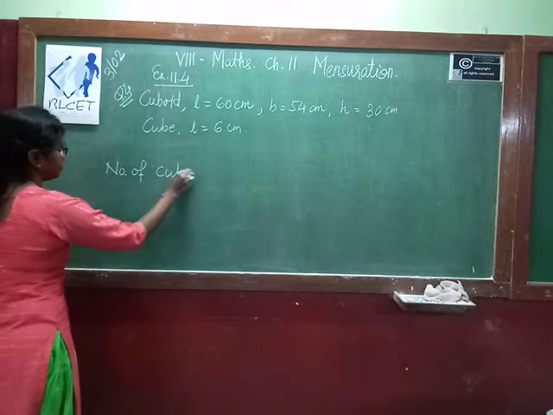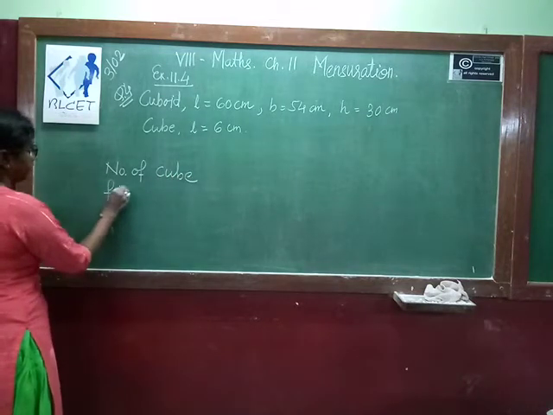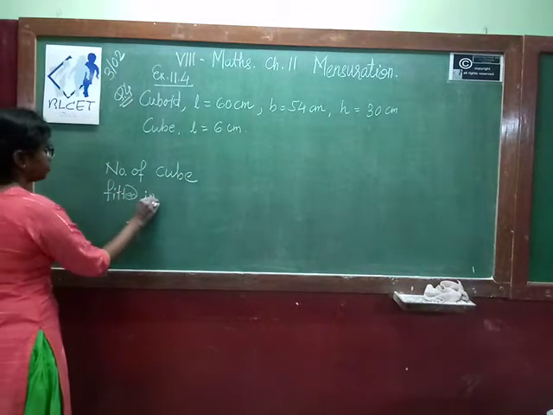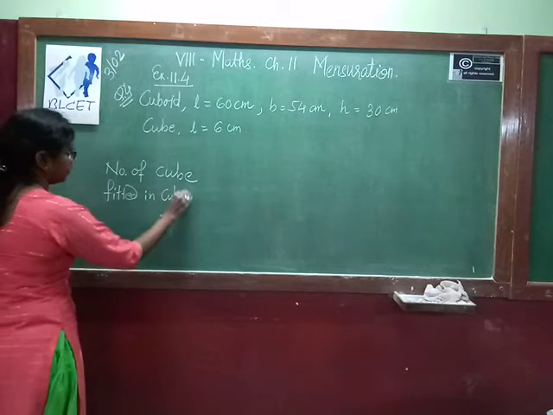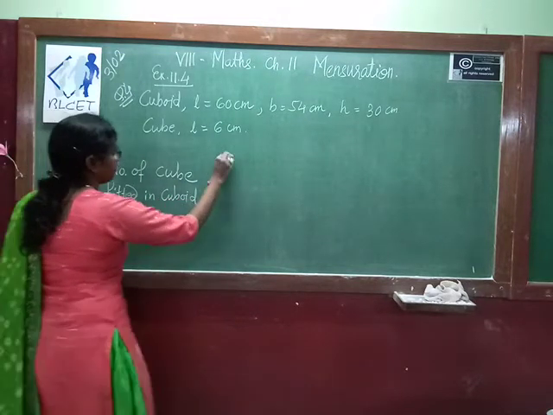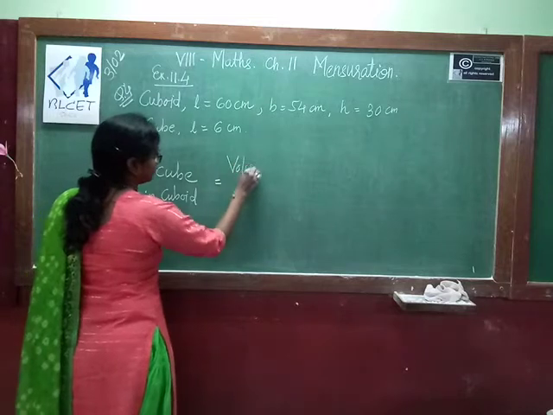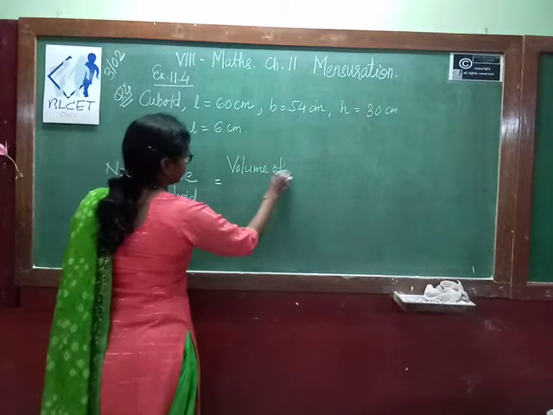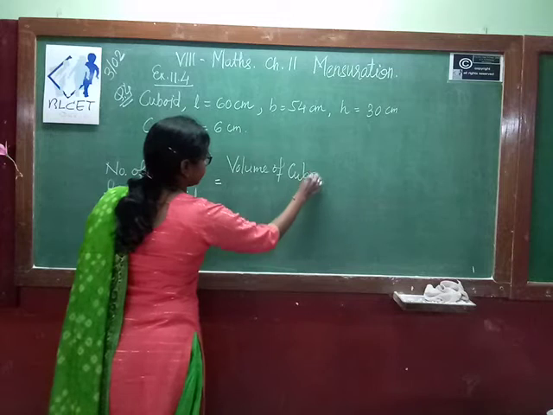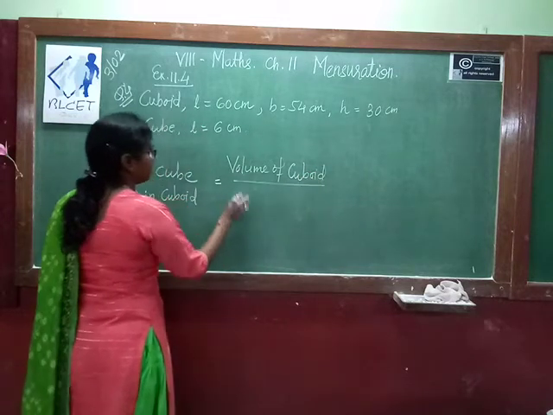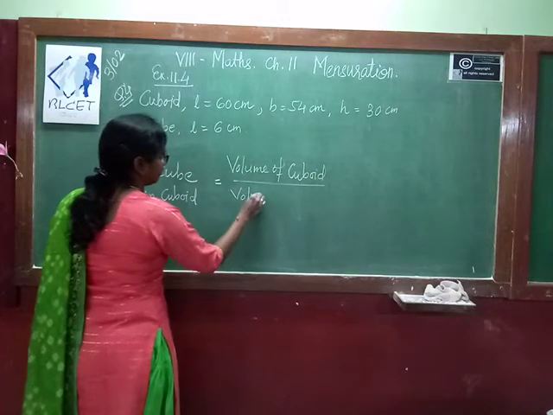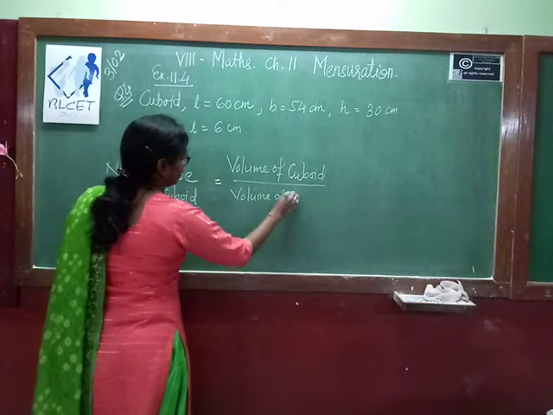So directly what we can do, number of cubes fitted in cuboid, we can take volume of cuboid divided by volume of one cube.